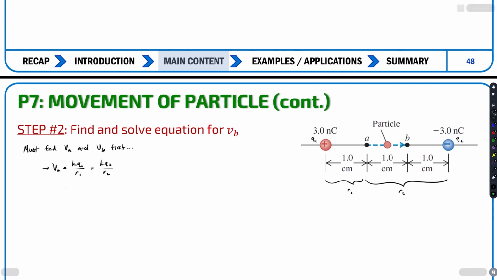And so that's going to give me 9 times 10 to the power of 9 newton meters squared per coulomb squared, and this is 3 times 10 to the negative 9 coulombs divided by R1, which is 1 centimeter, which is 0.01 meters.